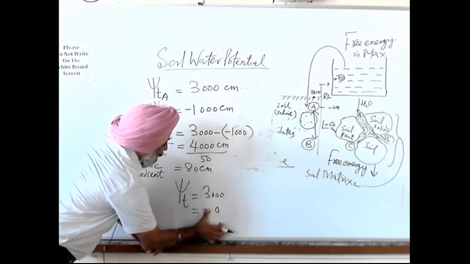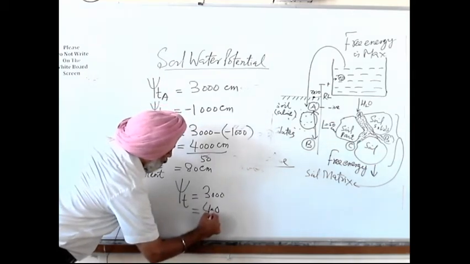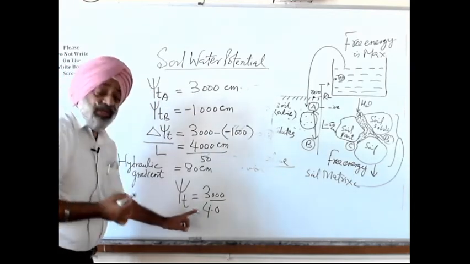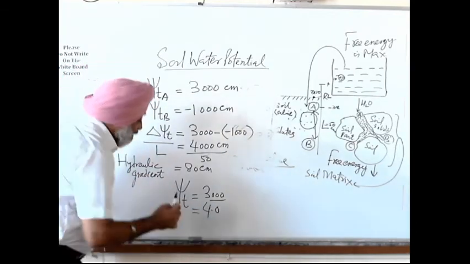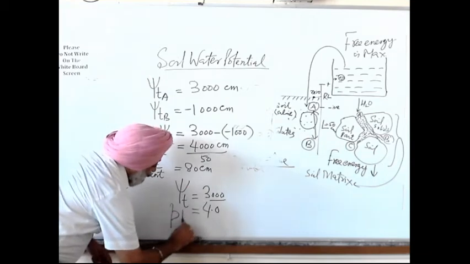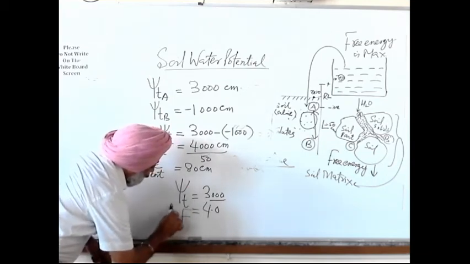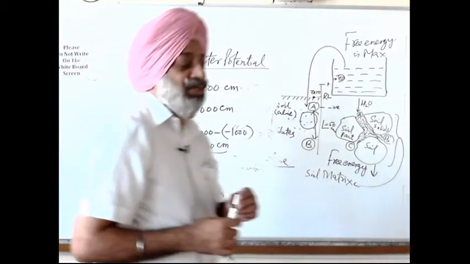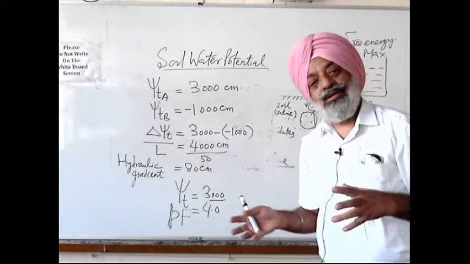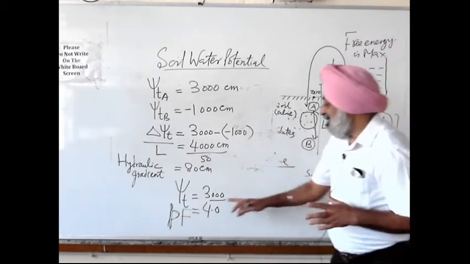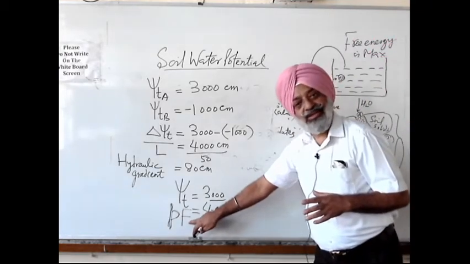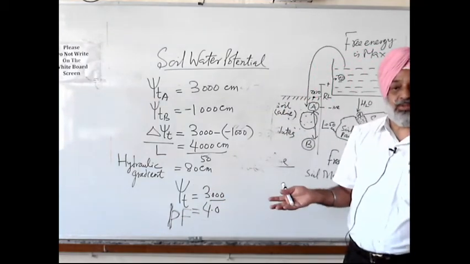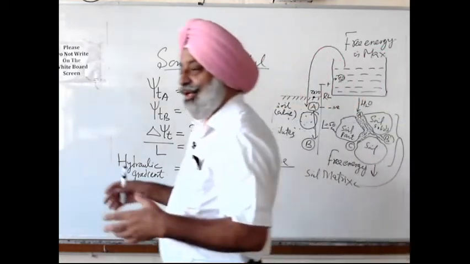I don't know exactly, I'm sorry for that. You need to check what the log value of 3000 will be. When we write the negative log of this value, we call this pF, small p, capital F. Just like pH is the negative log of hydrogen ion concentration, similarly in soil water potential, this is the negative log of total soil water potential. Very simple. So this is just to write the value.